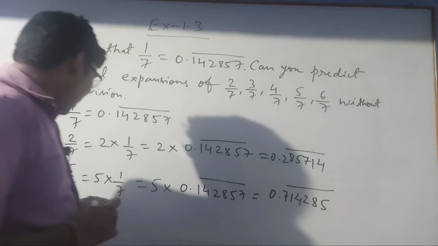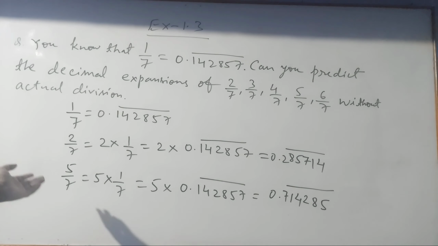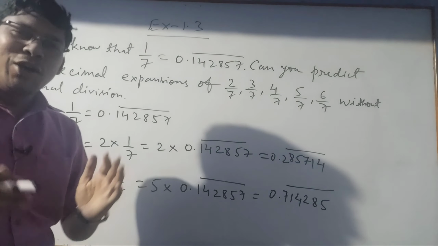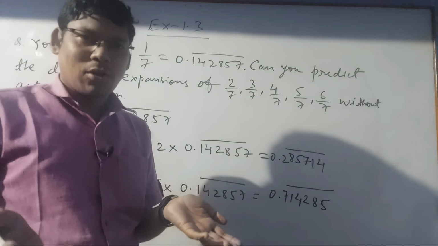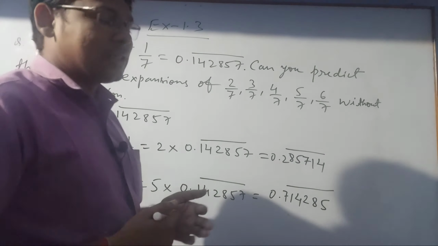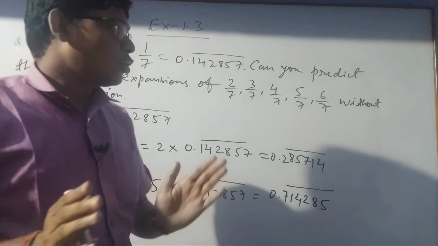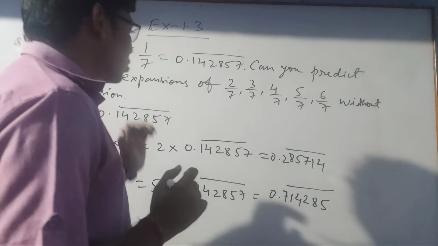So the value of 5/7 equals 0.714285. This is another process by which we can find these values. I think you have understood these questions also.